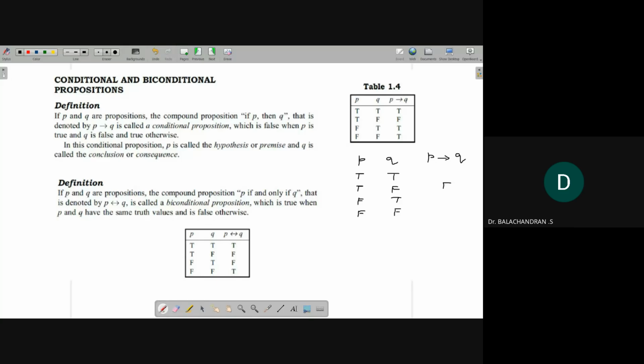It is false only if P is true and Q is false. In all other cases, it is true.